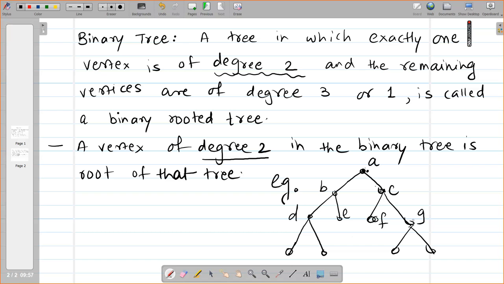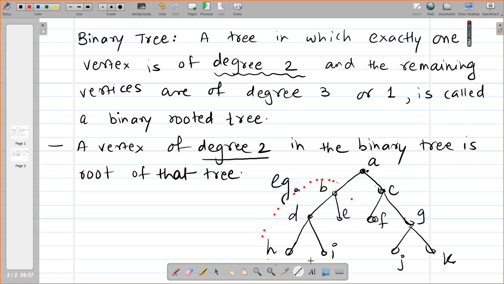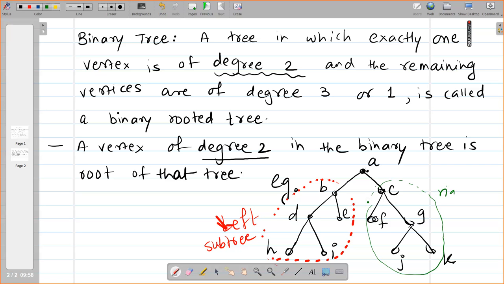So D, E, F, G, H, I, J, K. So this red dotted is the left subtree. That is also a binary tree. And now I am drawing with green, suppose. This is what? Right subtree. Do you understand it? Yes, ma'am.